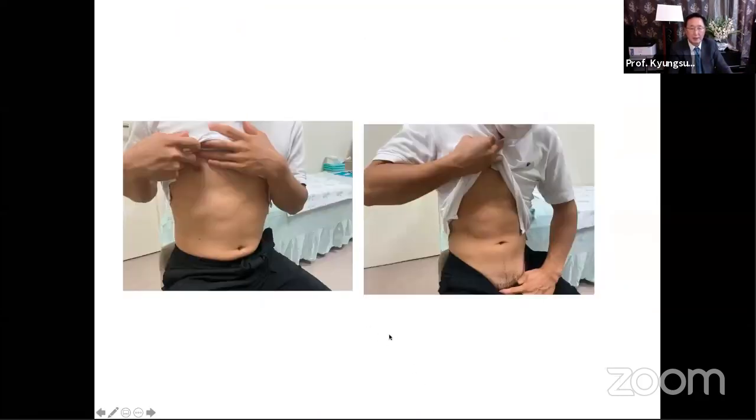And as you can see, the main advantage of laparoscopic surgery is excellent cosmetic outcome. This is a donor I saw recently in my OPD clinic, and I could not actually recognize the wound well.